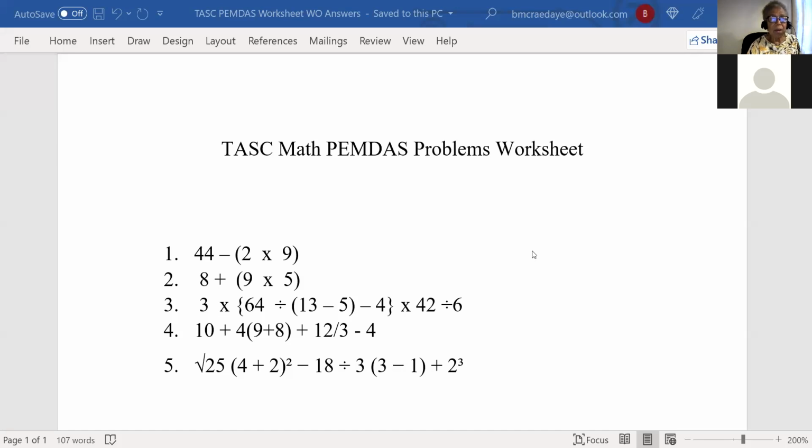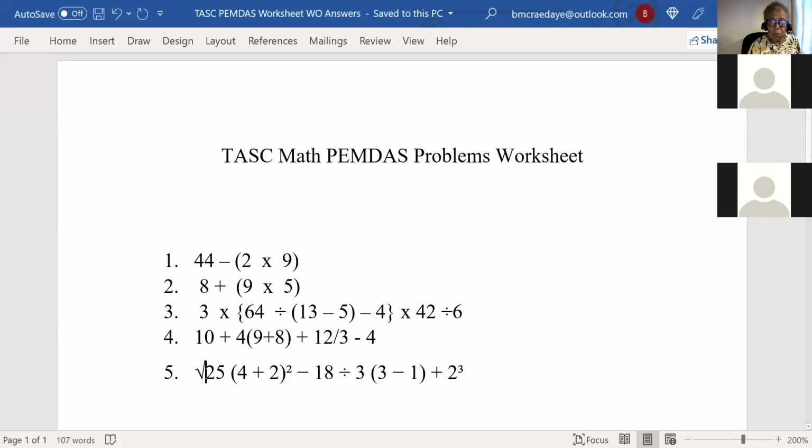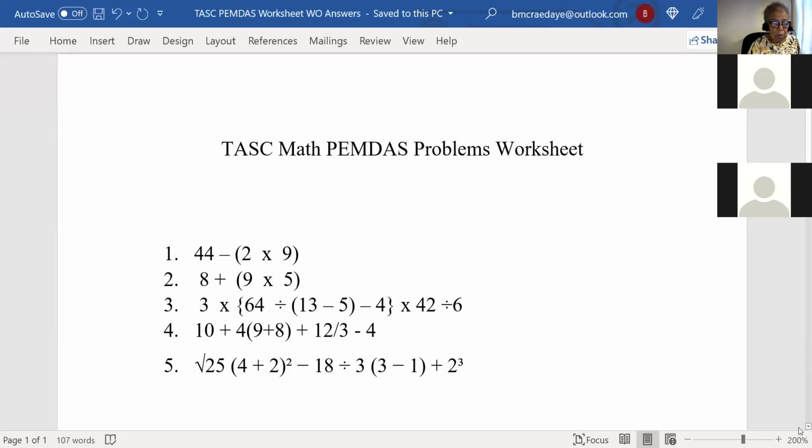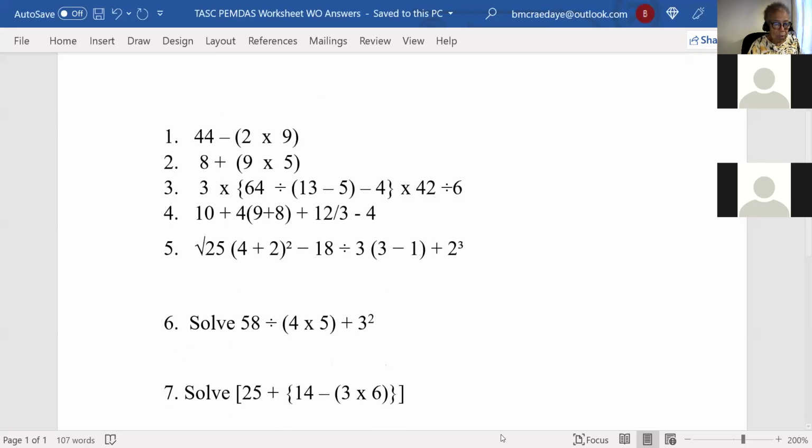Yes? Okay. All right. Now let's see here. I want to put the screen in another format. Okay. All right. Let's look at number 1.